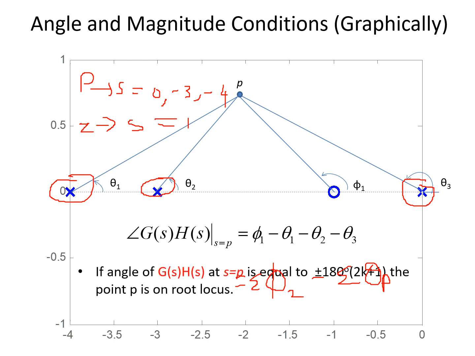If the angle of g of s into h of s at s equal to p is equal to 180 degrees into 2k plus 1, that is, a multiple of 180 degrees, it could be either plus or minus, then the point p is said to be a root of the characteristic equation, and it is a point on the root locus.